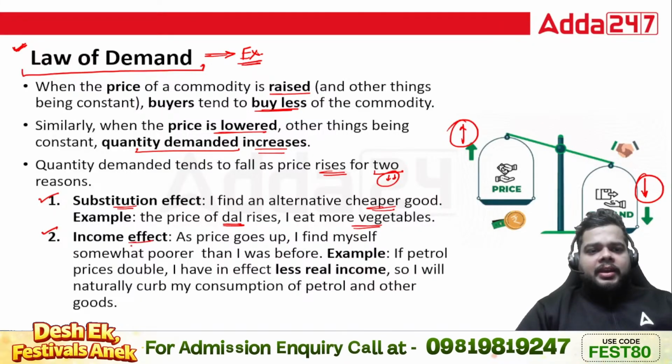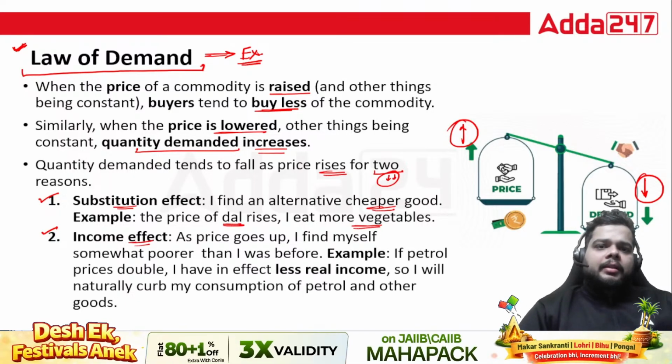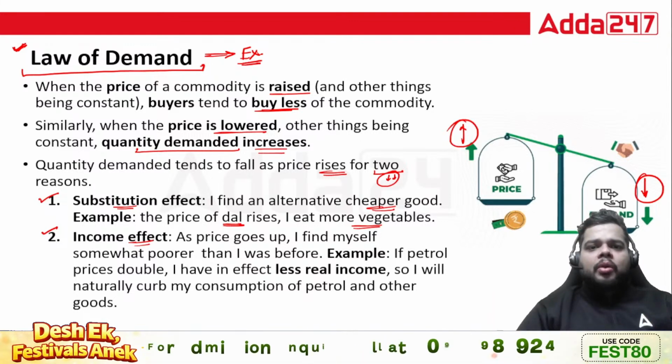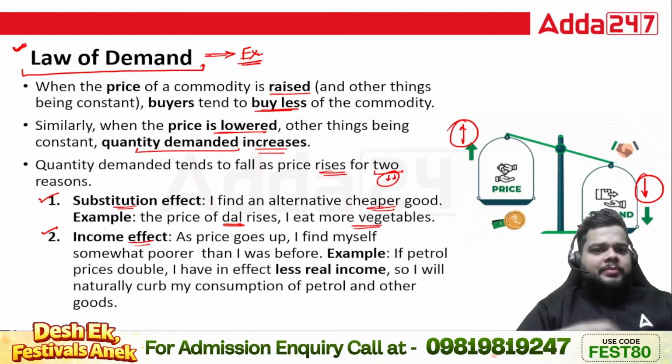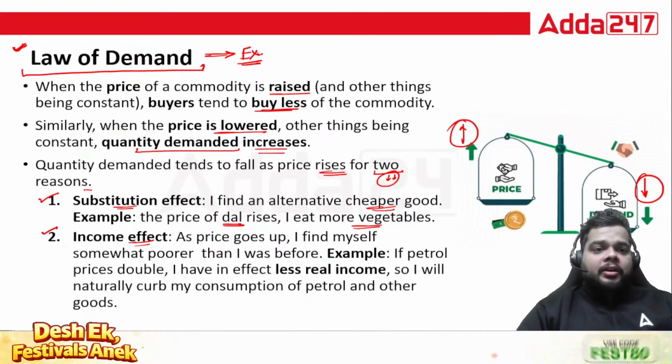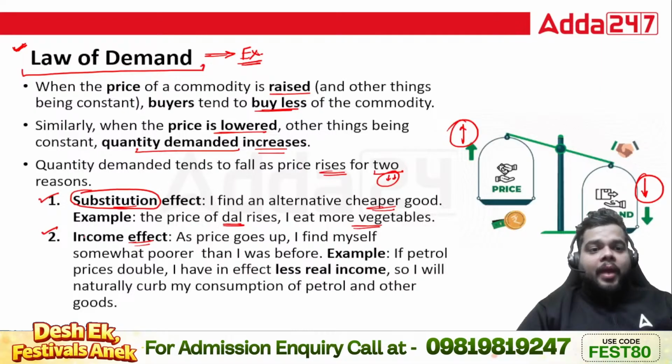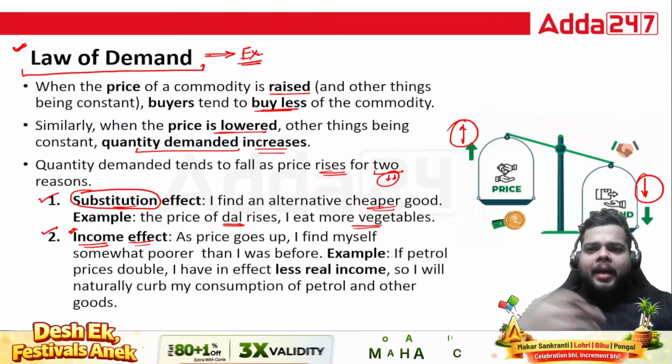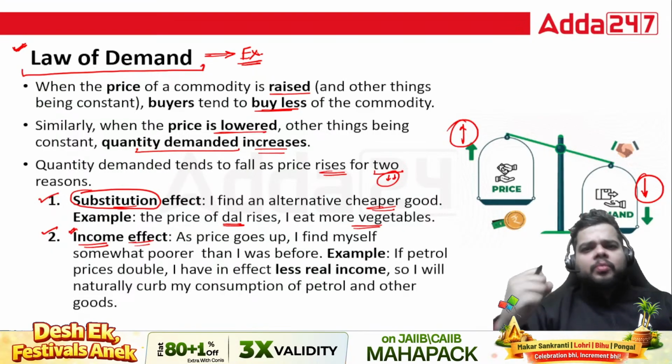Then we have the income effect. Now, whenever there is an income effect, simply you have to keep one thing in mind, that whenever the price rises, people tend to divert their consumption pattern. They are not at all sticking to the same type of commodity. They tend to find what? The alternatives. Why? Because there is limited income. By switching to the substitute, you are doing what?